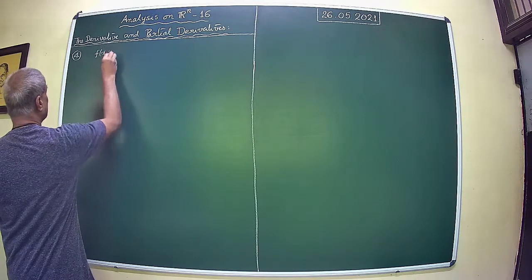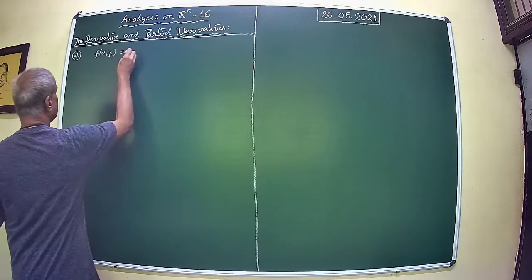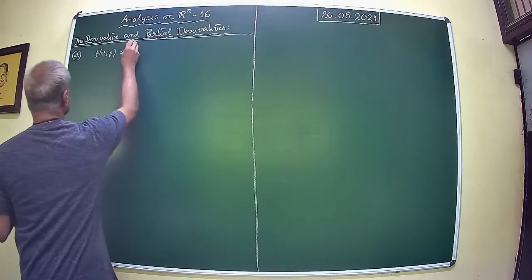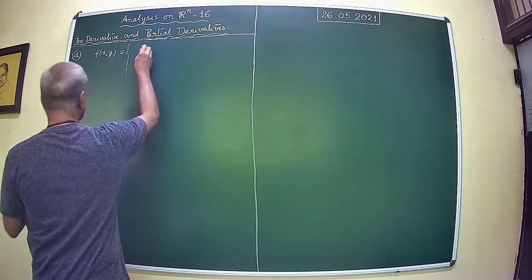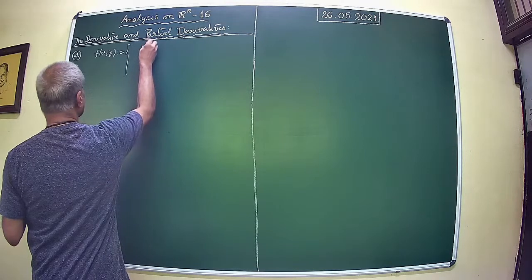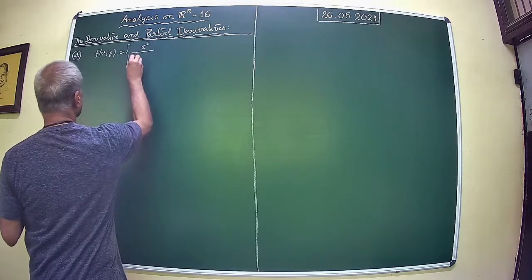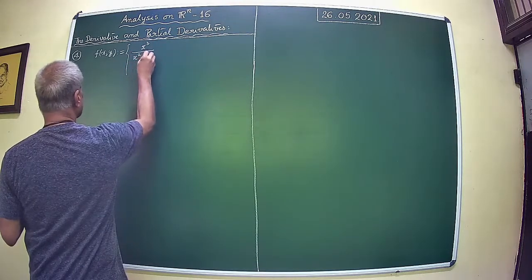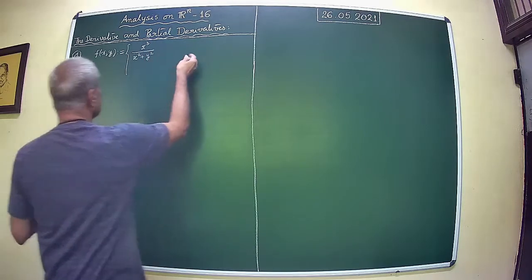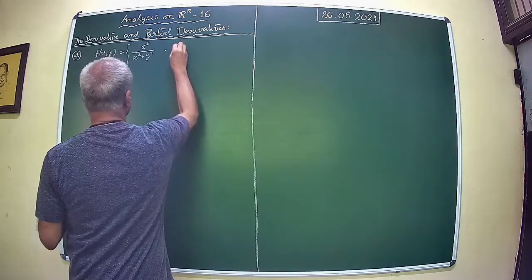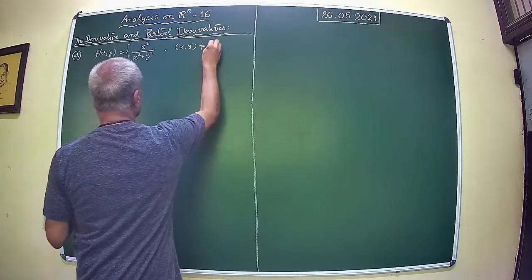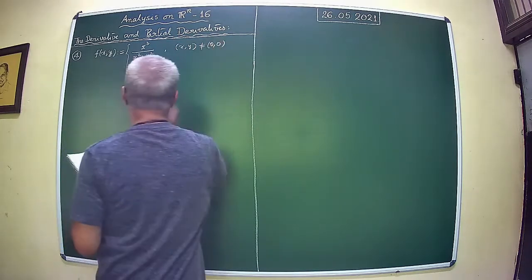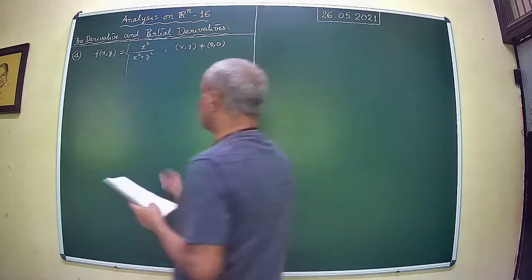Define f of x, y to be this expression when (x, y) is not equal to (0, 0), whereas it is equal to 0 at the origin.